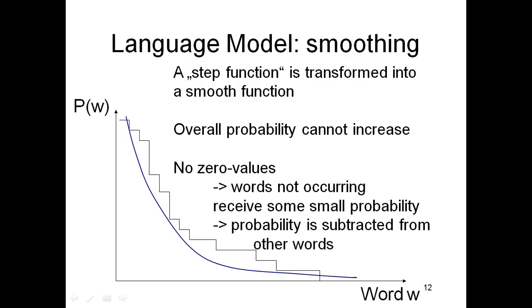Cases where none of the words is in there or something like that. So, we take away a little bit of the probability of the occurring words, of the high-frequency words, and give that to the zero words so that they have some probability different from zero, very small though, of course, and we move the function also.